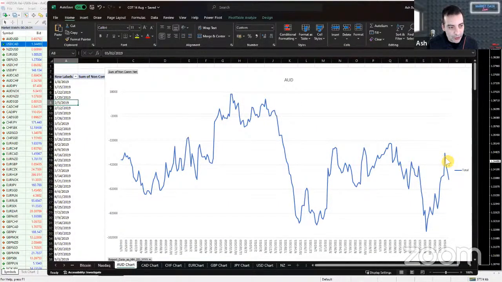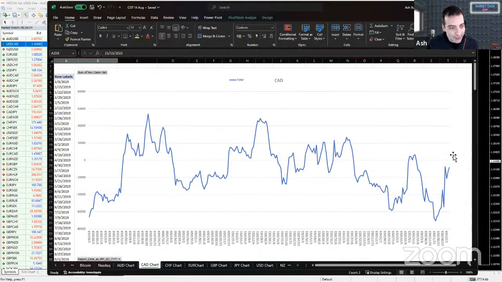This is what's been going on with the speculators with the Aussie recently, selling it off, and that's matched what's been going on. But the CAD's a bit different. They came in last week for the CAD. Now that may well halt here, but the fact that there was some buying suggests that the CAD may not be as weak as it looks, and that would take me away from wanting to go long dollar CAD going into next week.